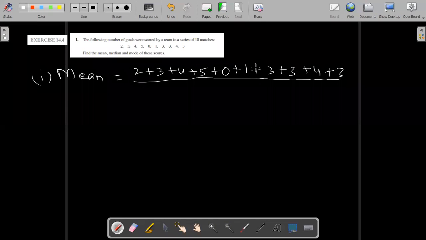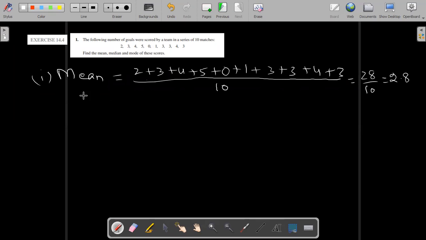You can check 1, 2, 3, 4, 5, 6, 7, 8, 9, 10. So divided by 10. The sum is 28. 28 divided by 10, so you get the mean as 2.8 runs.